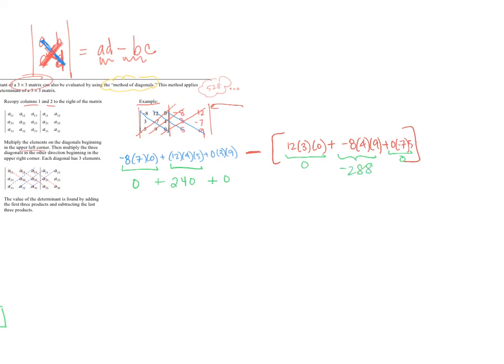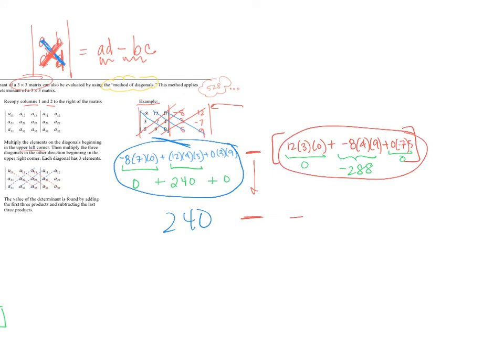The big mistake that I see is people do weird things with subtraction. But what I like to do is find the whole total of the first diagonals. So I have 240. Then I'm going to subtract the sum of the other diagonals, which is negative 288.